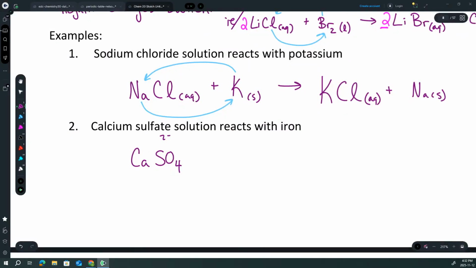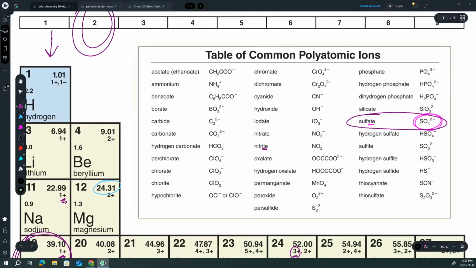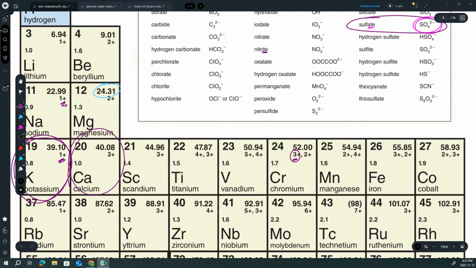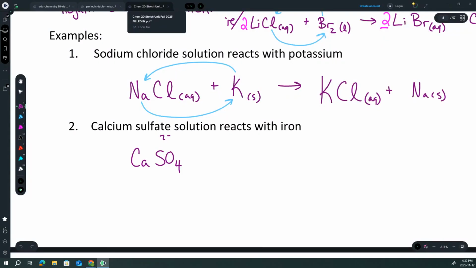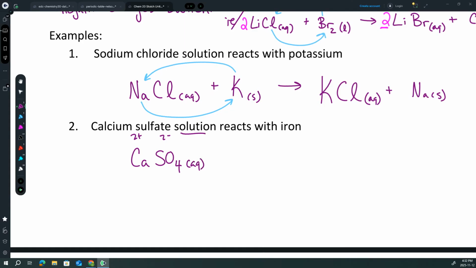And then calcium is right here, and it likes to have a 2 plus charge. So 2 minus 2, that's equal to 0. This is already balanced. Since it says it's a solution, this is aqueous.